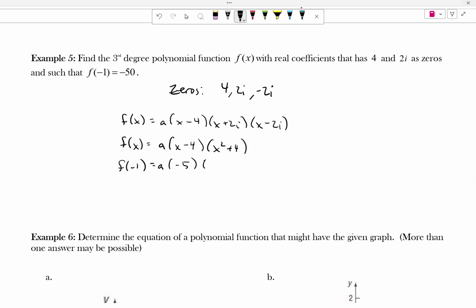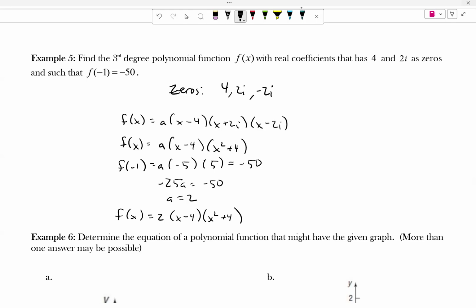Is it? Oh, yeah, it's five. Okay. Thank you. Equals -50. Okay. Are we good?